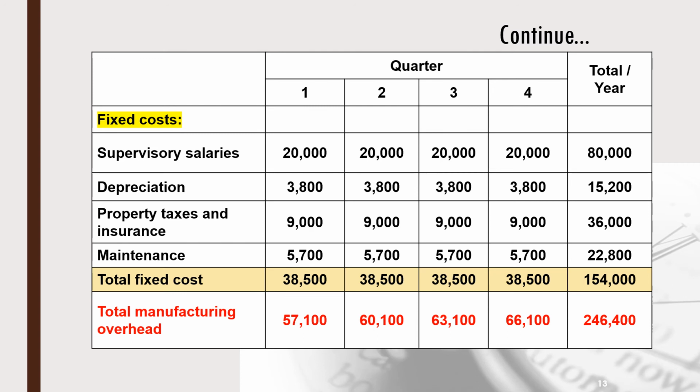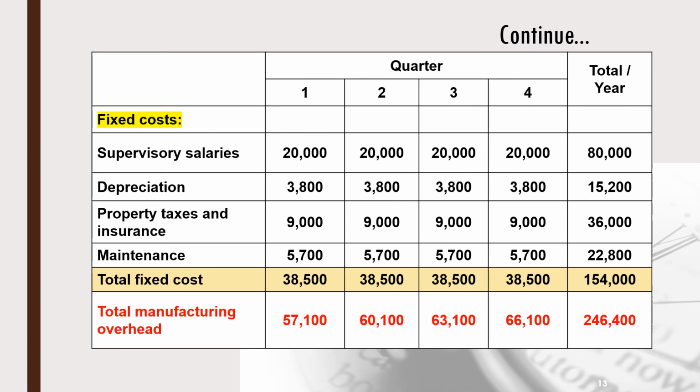Okay, now we continue to calculate the fixed cost. As you know, the total of fixed cost is constant or the same at all activity levels. In this question, levels of activity are quarter 1 until quarter 4. It means that the amounts of supervisory salaries, depreciation, property taxes and insurance, and also maintenance must be constant at all quarters respectively.